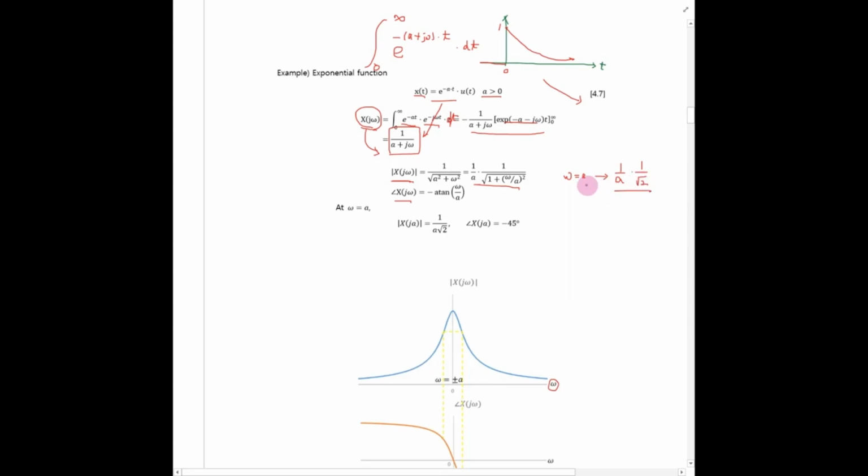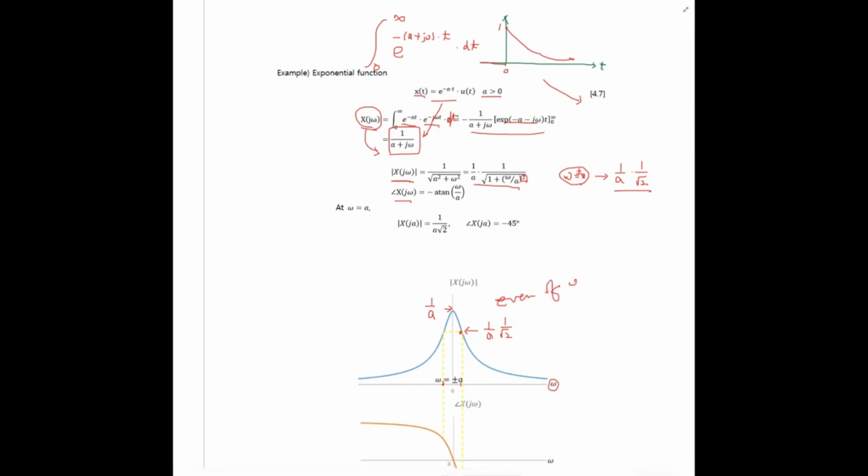Okay, when omega is plus a or minus a, this becomes 1 over a times square root 2. And this peak value, you know, at omega equals 0, is 1 over a. Okay, this is the magnitude plot. As we know, by the square, it is an even function of omega.